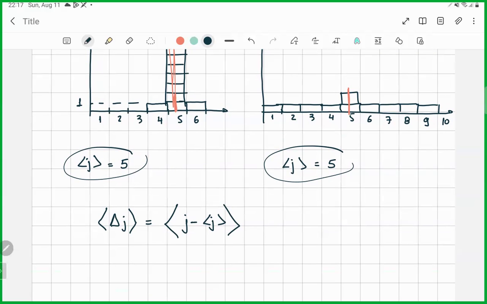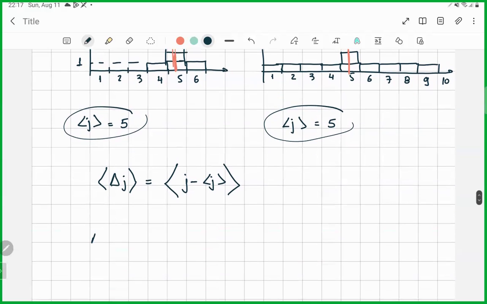Well, is this a good idea? Let's have a look at this equation. We said that the mean of any function of J is computed by putting here the function, in our case this difference, and multiplying it by the probability, summed from 0 to infinity.